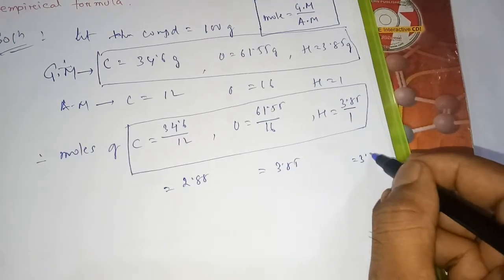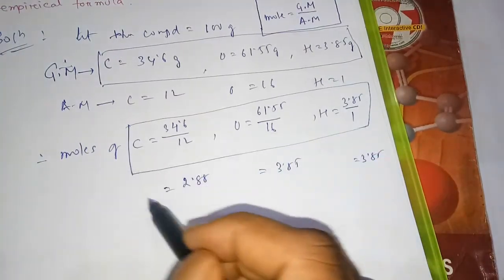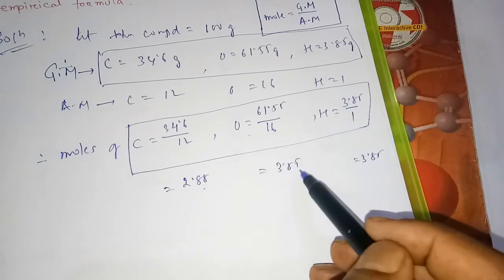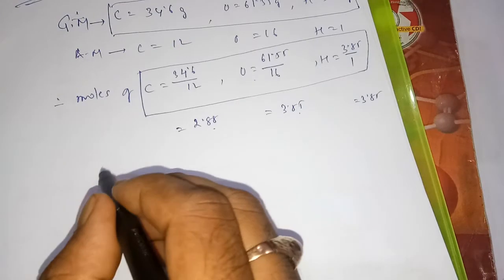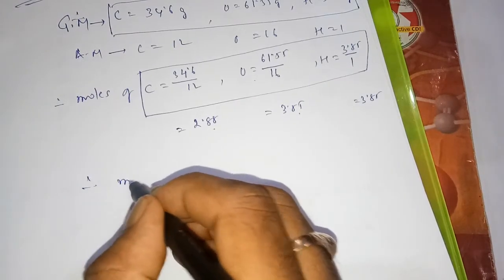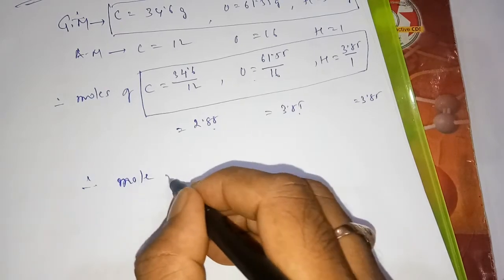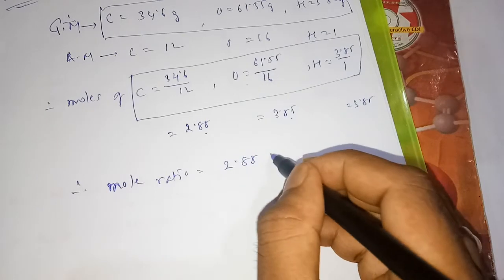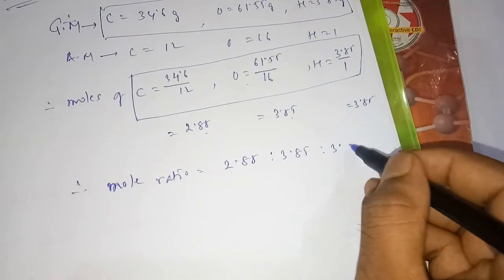So what we are getting is that the moles of carbon is 2.88, moles of oxygen is 3.85, moles of hydrogen is this. Next point is you have to take the mole ratio. 2.88 is to 3.85 is to 3.85.